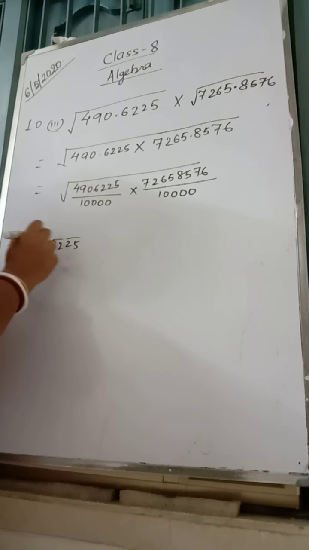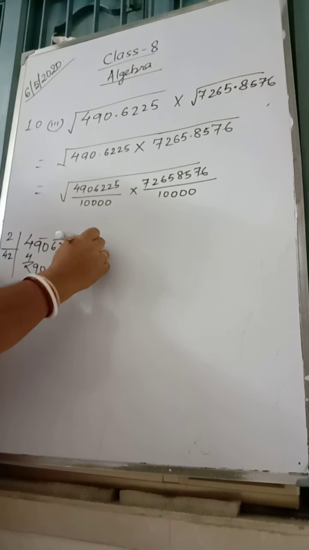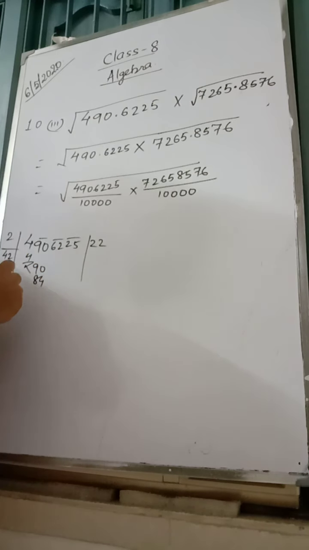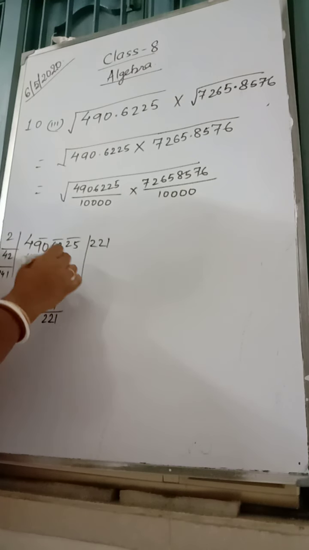490.6225. As I have told you, make pairs. 2 2s are 4, 90, 42 2s are 84, 6, this is 44, 62, 1 time, 441, 6 minus 4, 2, 6 minus 4, 2.